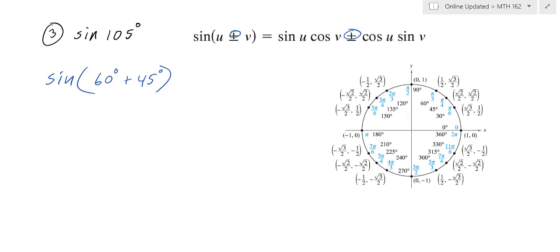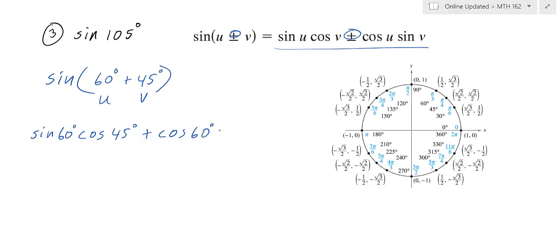So to expand this, we would get the sine of, this is u plus v, so the sine of 60 degrees multiplied by the cosine of 45 plus the cosine of 60 degrees and the sine of 45 degrees.